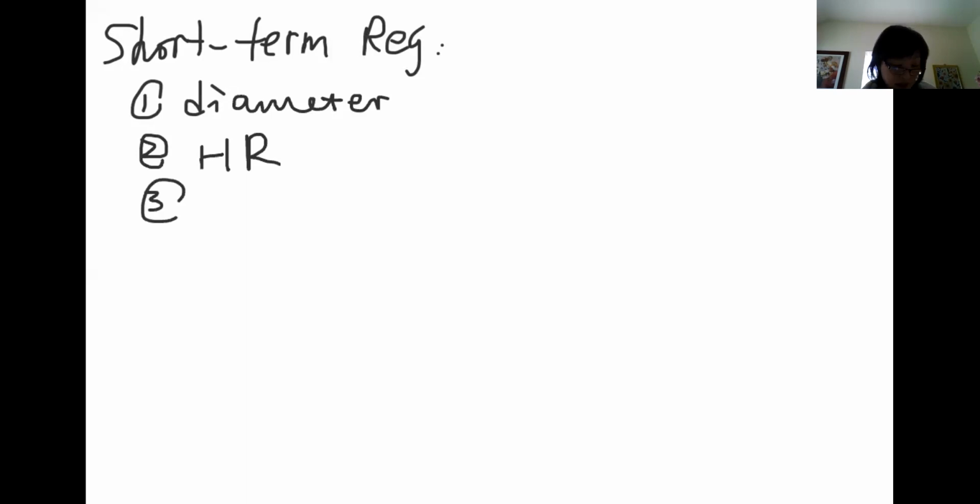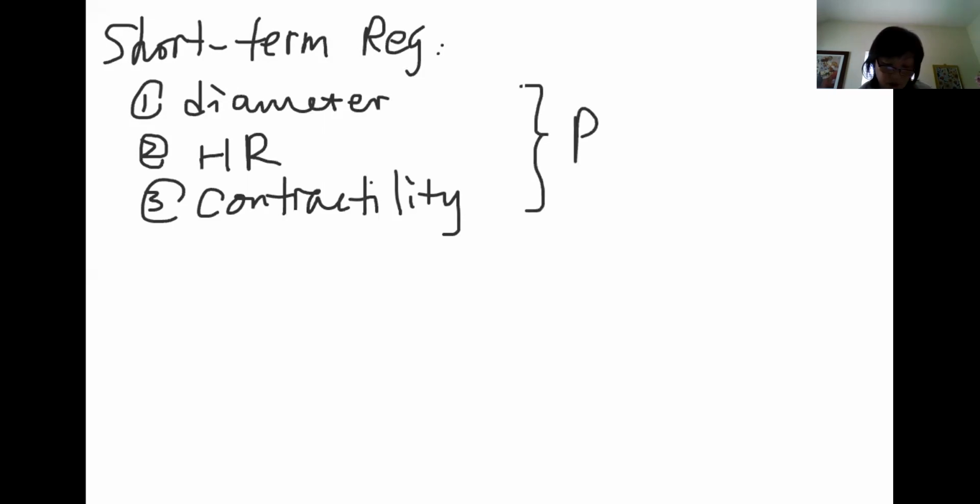We focused on number 1, the vessel diameter changes. Number 2 is the heart rate. Number 3 is the heart muscle contractility. So we focus on these things to regulate blood pressure. That's the short term.